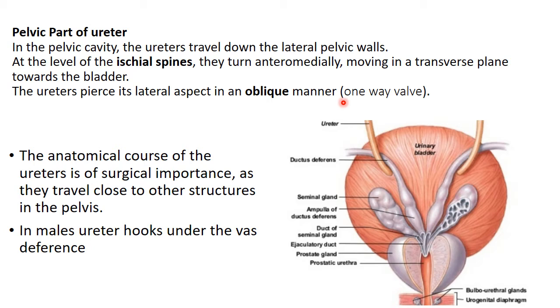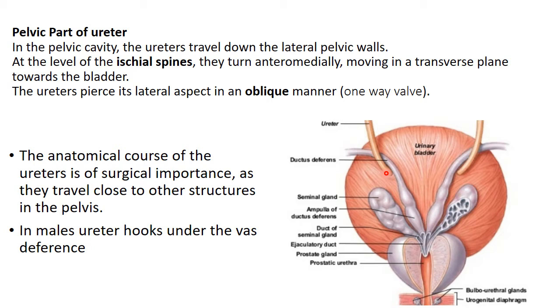So it acts as a one-way valve. Another thing is that where it enters the urinary bladder wall is again a narrow point of the ureter. That's one of the constrictions of the ureter where a renal stone or ureteric stone can get stuck or impacted.